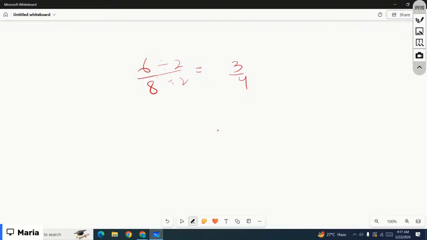Okay, the next one is 4 over 6. How do we write 4 by 6 in the lowest term?